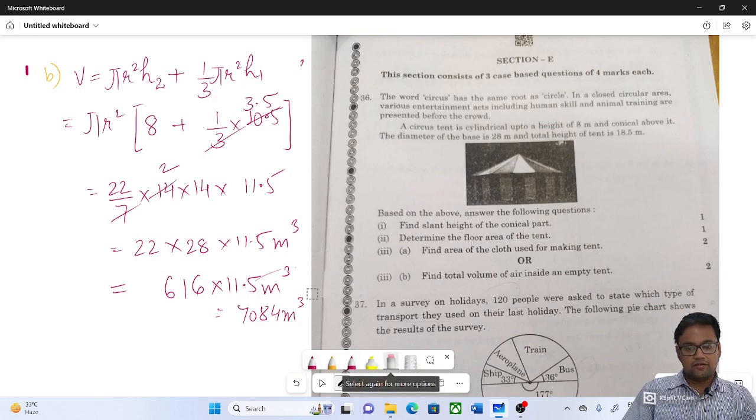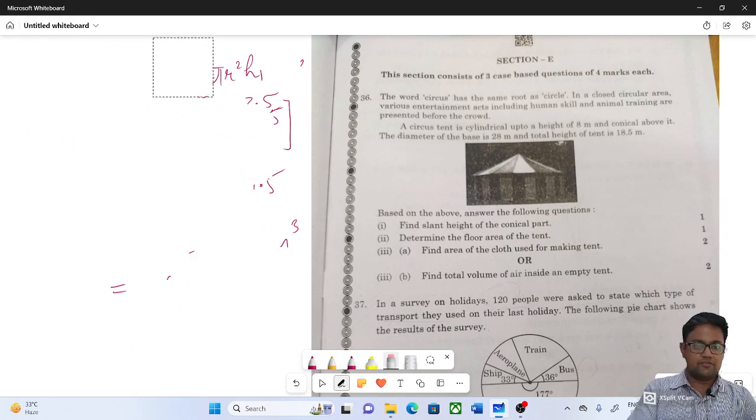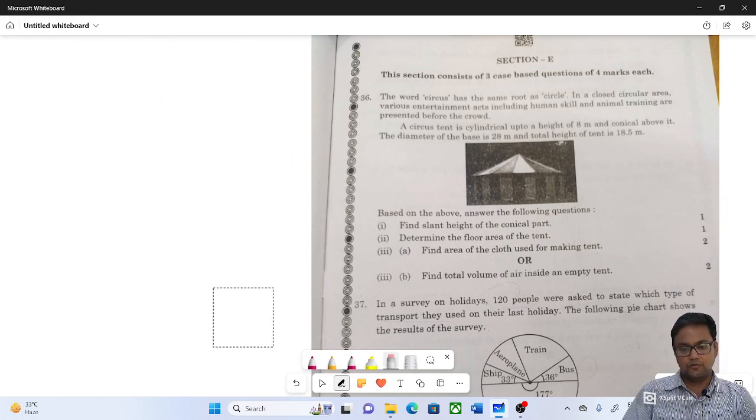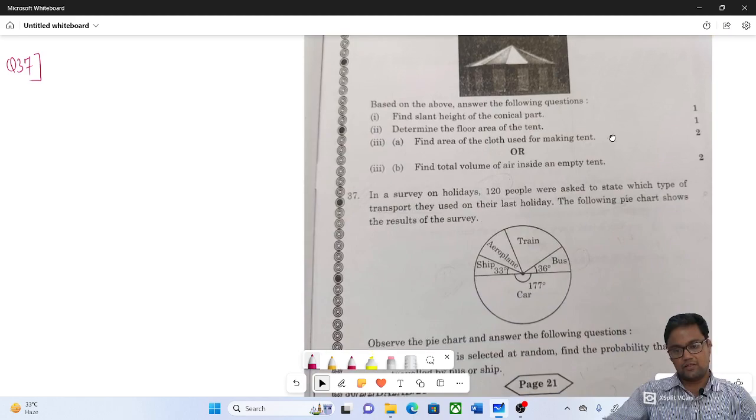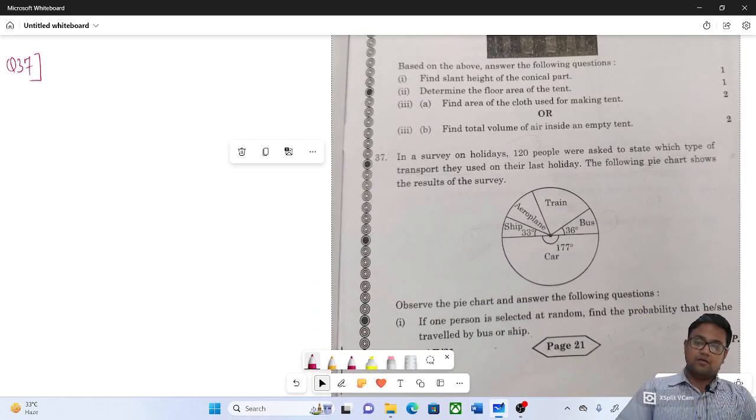So, let us get rid of all of these, because we have successfully obtained the solutions of these problems. Question number 37, which gives me a feeling of solving a pie chart from class 8th. In a survey on holidays, 120 people were asked to state which type of transport they used on their last holiday.